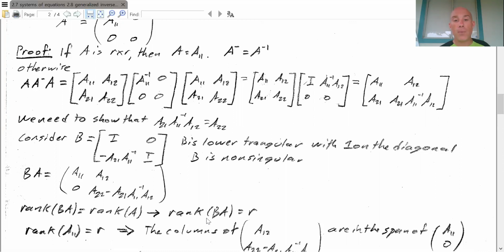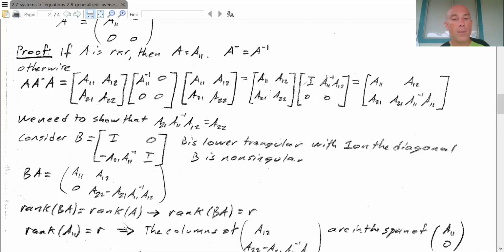And here, the rank of BA is equal to R. And the rank of A11 is equal to R. Wait a second. If I take rank of B times A, I get rank of A because multiplying by a full rank matrix does not reduce the rank.